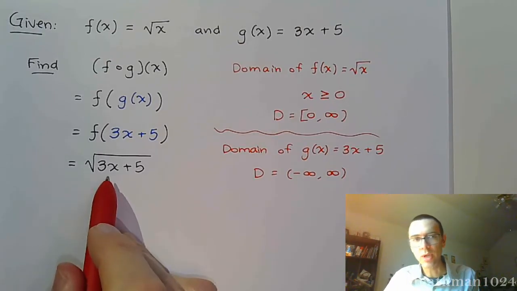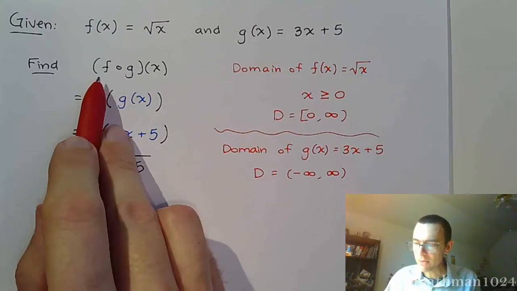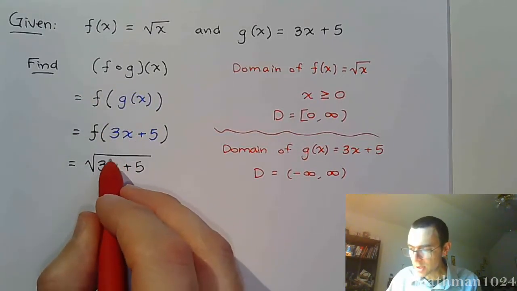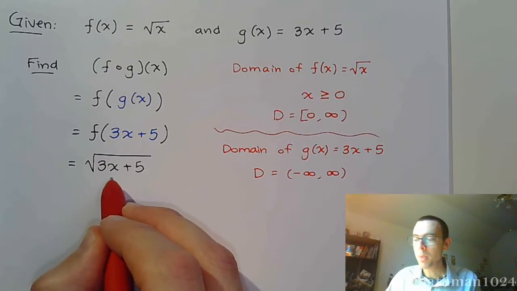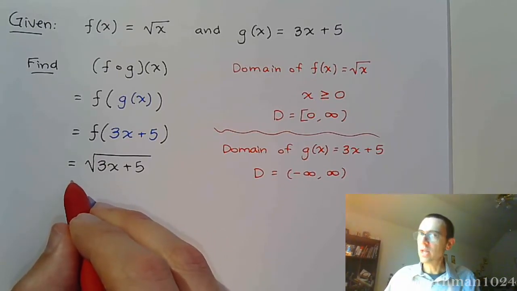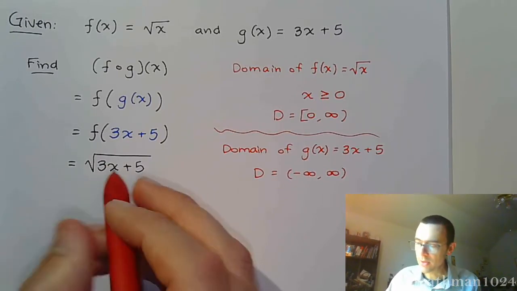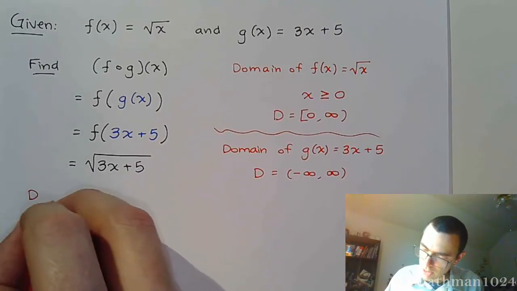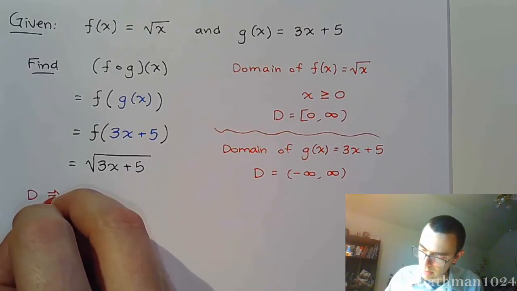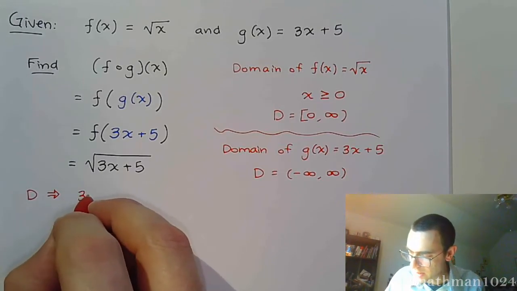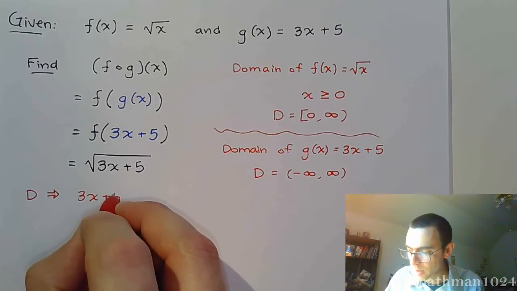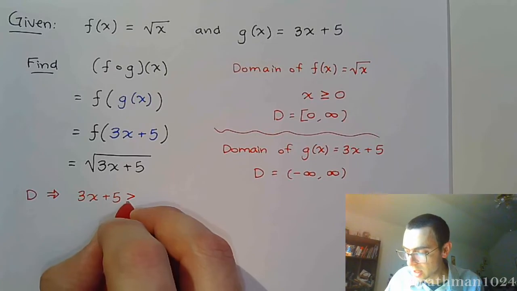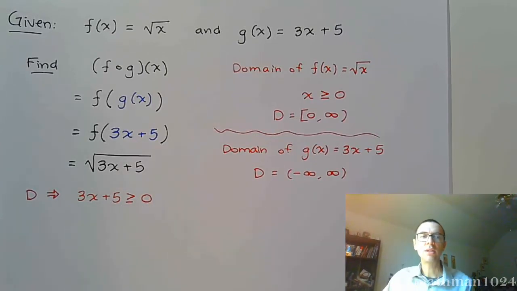Now let's look at what happens when we do the composition. When I do f of g of x, I plugged in something that didn't have any restrictions. But the square root function does have restrictions. So if I want to find the domain for this, I'm going to have to take the expression that's inside here, and we have to make sure that this expression is non-negative. It has to stay greater than or equal to 0.